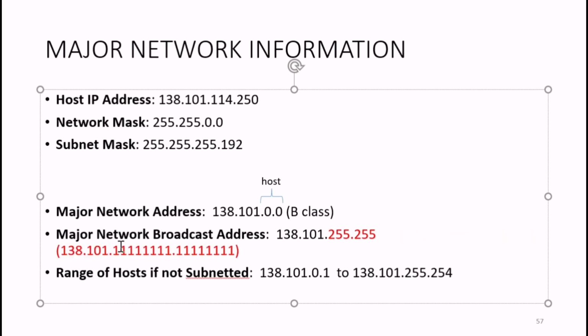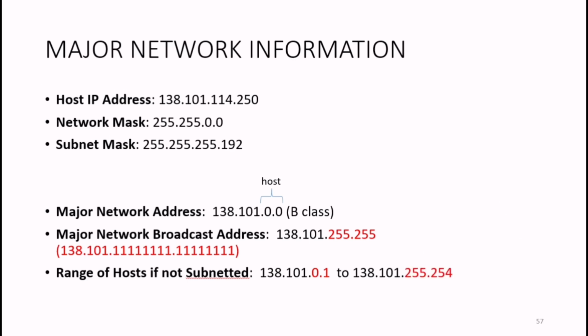For the broadcast address, all host bits need to be 1 in binary. And the range of hosts, if not subnetted, means that you need to exclude the network and also the broadcast address. So it will start from 0.1 until 255.254. So this is the range of hosts here.